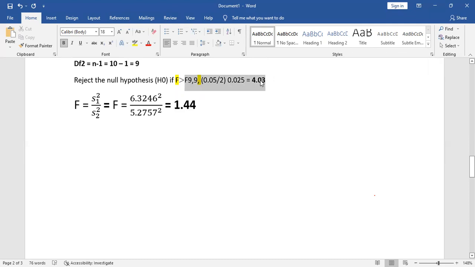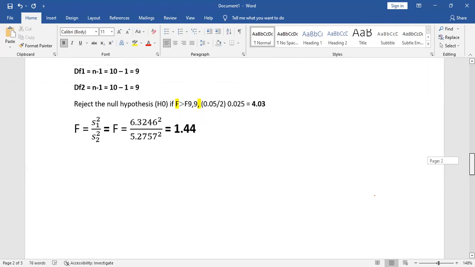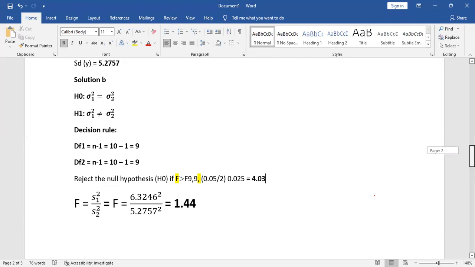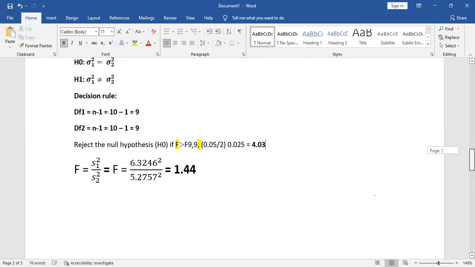So is it greater? The answer is no, because the calculated F is 1.44. So it's not greater than 4.03. Therefore, should we reject? The rule is to reject the null hypothesis if the F is greater, but the F is not greater. So we are not going to reject. We will accept the hypothesis.